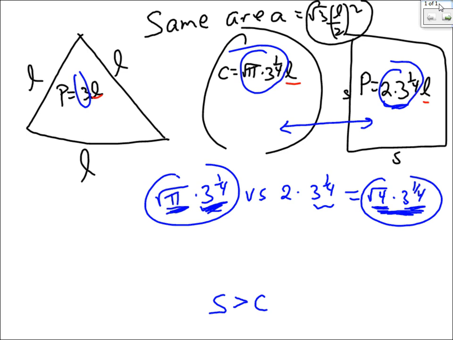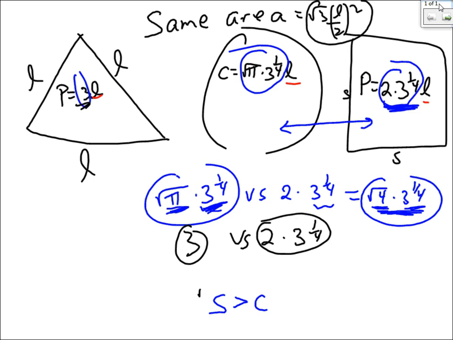Right now, the biggest one is this. Let's compare that with 3. 3 versus 2 times 3 to the 1/4. Let's square both sides. If this is bigger than this, when you square it, it'll still be bigger.